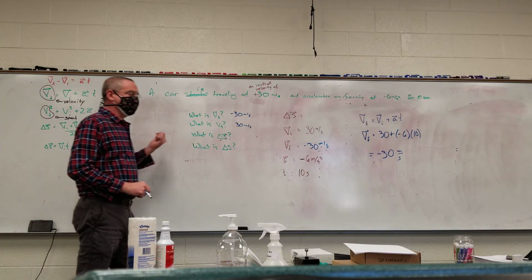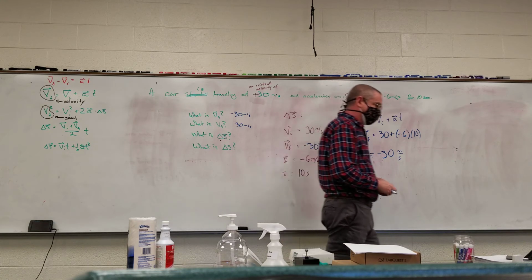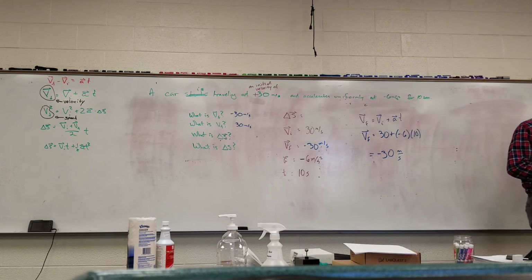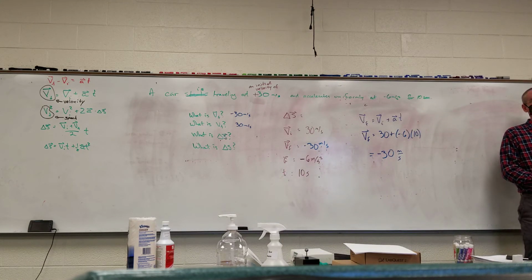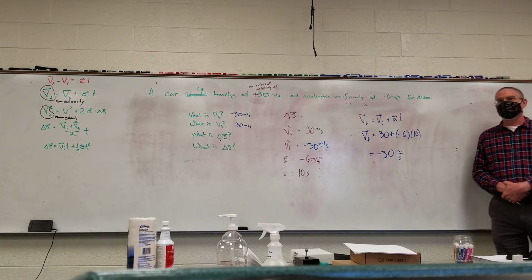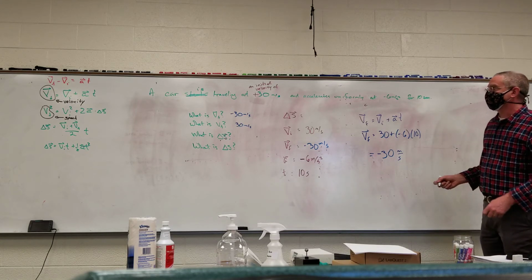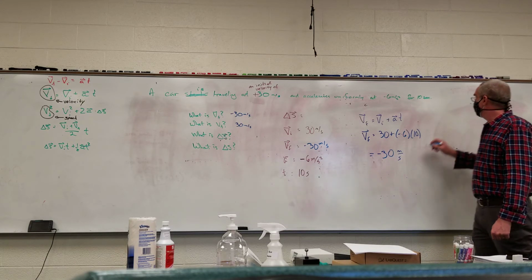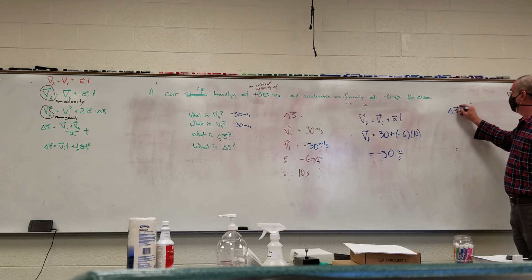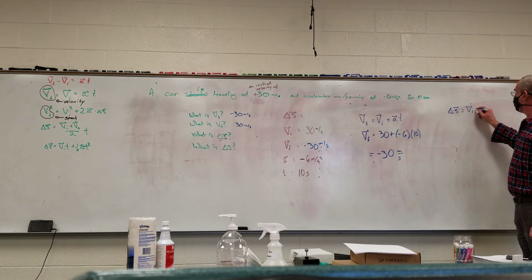What is the displacement? What equation would we use to find the displacement? The third equation. Okay, so delta S is equal to VI plus VF over 2 times time.